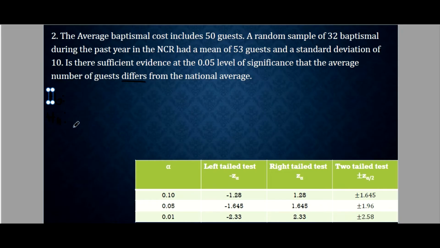So differs, meaning they're not equal. The national average is 50. Therefore, our null hypothesis does not differ, so they're the same, equal to 50.